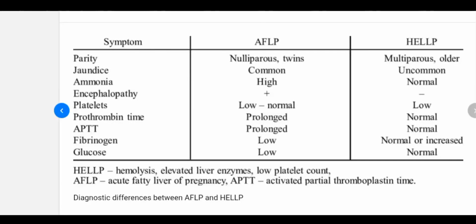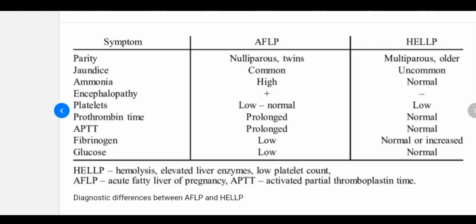While in HELLP, parity is multiparous and older women, no jaundice. Jaundice is uncommon. Ammonia is also normal, and encephalopathy is negative. Platelets are low. This is understandable from the name itself. Then prothrombin time is normal, APTT is normal, fibrinogen is normal, and glucose is normal.